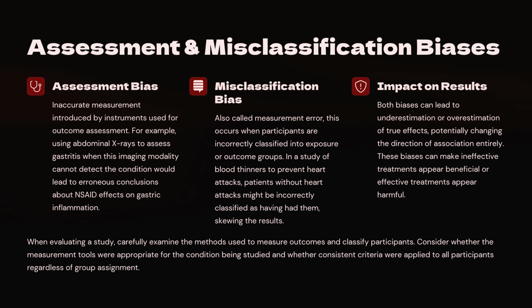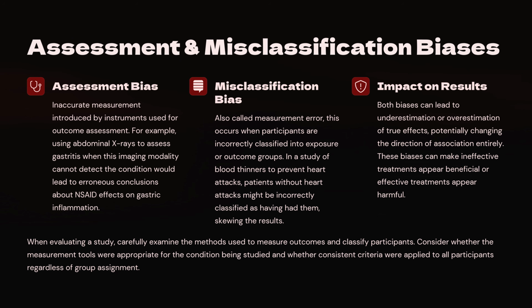Now with the biases of assessment and misclassification, these are usually more technical in nature. And so something like inaccurate measurement is introduced by instruments. So for example, using abdominal x-rays to assess gastritis. When this imaging modality cannot detect the condition, it would lead to erroneous conclusions about NSAIDs and gastric inflammation, right? Because even though you're using x-rays correctly, they're not being applied correctly to that exposure and that outcome.